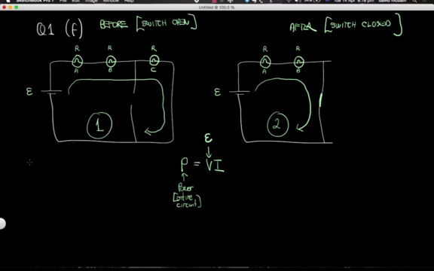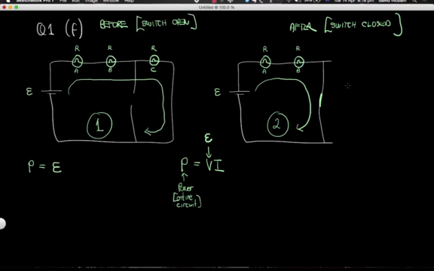Power in this case will equal the voltage supplied by the battery, which we'll call E, times the current. Well, we don't know what the current is, but we do know this, and we'll do this as a sidebar.